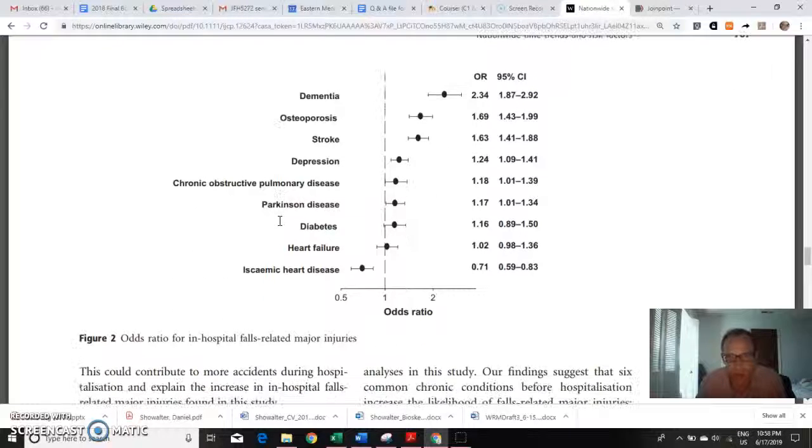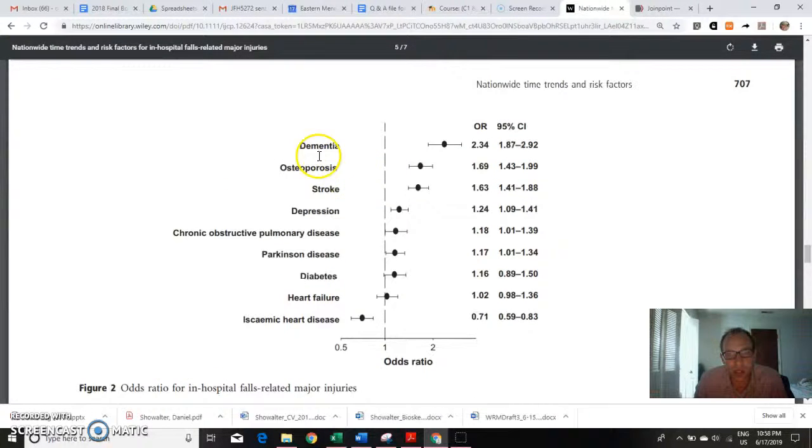Okay, let's zip down now to this. Here's the heart of what I really want to focus on, and that's the odds ratios that they report. So these conditions were our predictor variables, same as in multiple regression.